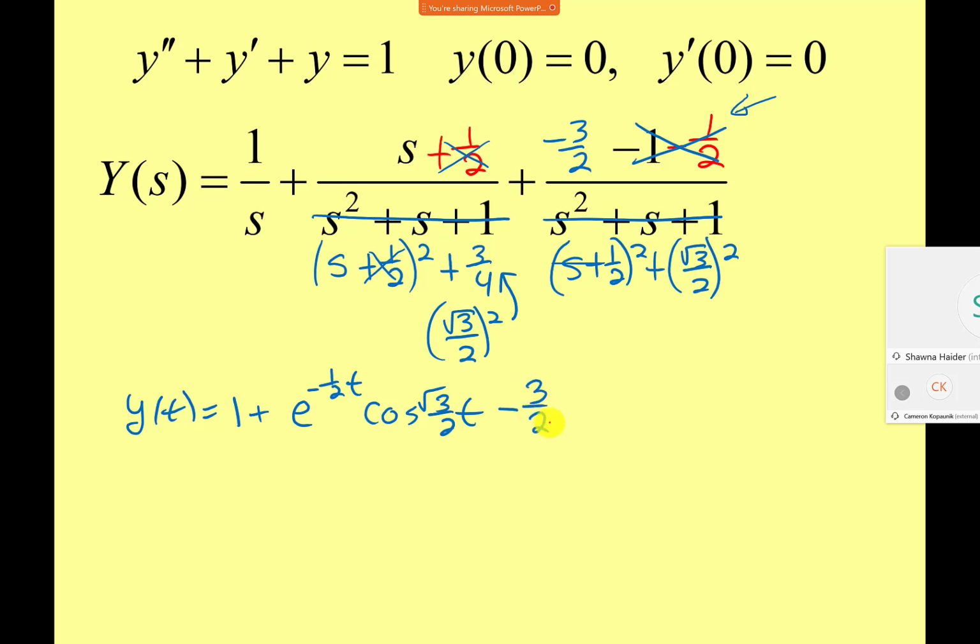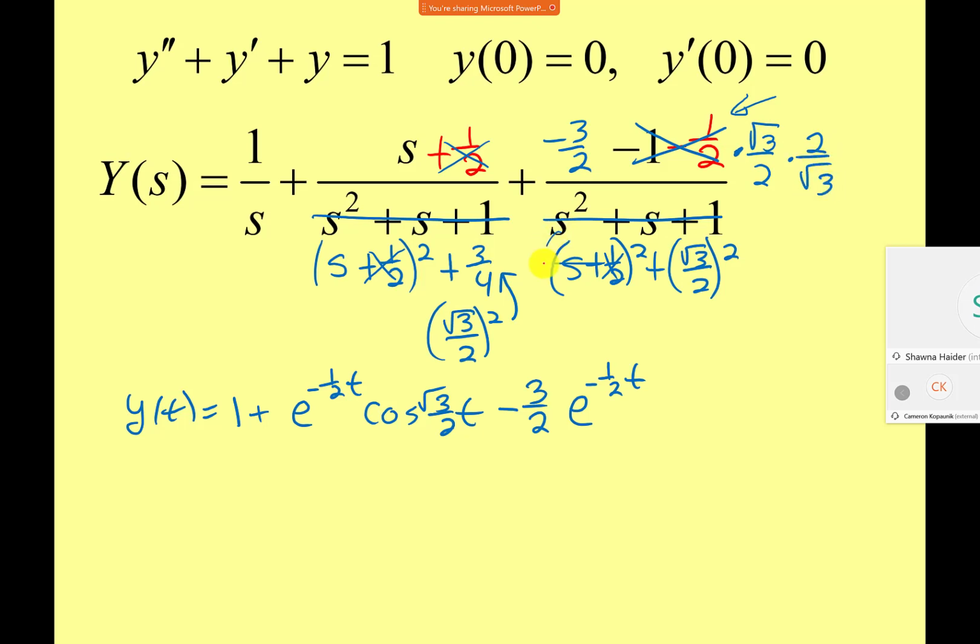And so I do the shift, which is e to the minus 1/2 t, and that took care of the shift part, but I still have the s squared plus b squared, so I need b on the top, and it's not there, so I have to put it there. But if I put it there, I've also got to compensate for it.